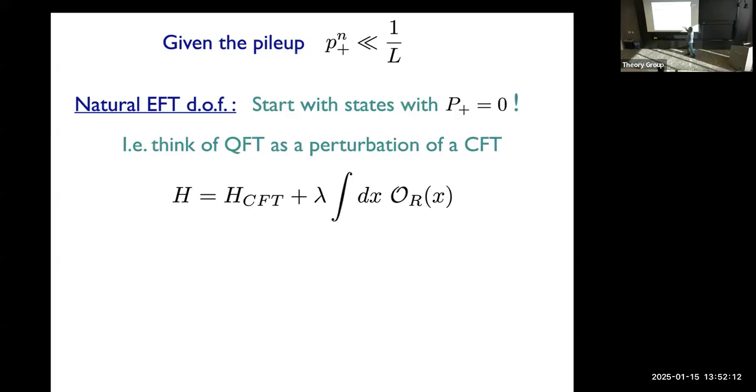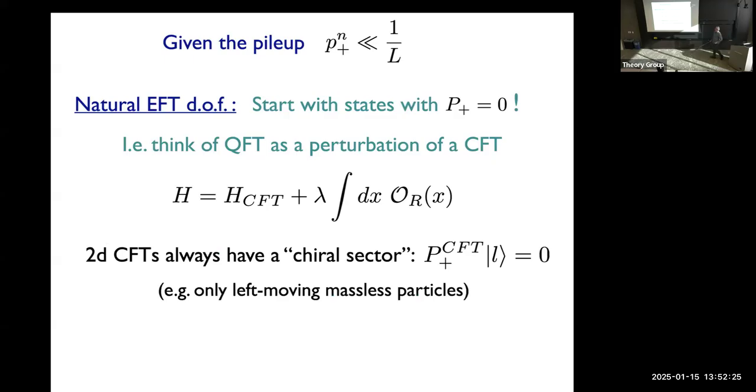This again suggests that thinking of things in terms of a CFT is a good idea, because if you think of the Hamiltonian as a CFT plus some relevant deformation, then a 2D CFT always has a chiral sector which has P plus equal to 0. For CFTs that are just particles, this just means that you're choosing, let's say, left-moving massless particles. So there always is such a sector in a 2D CFT, and what we're suggesting is that those are the degrees of freedom of our effective theory.